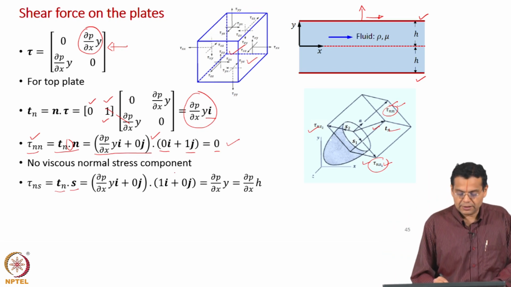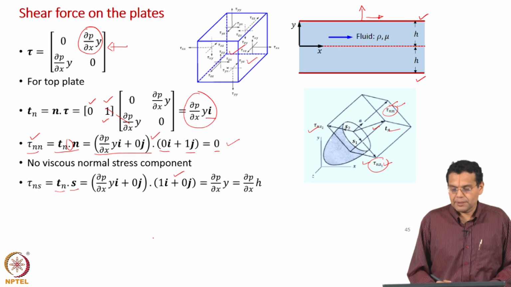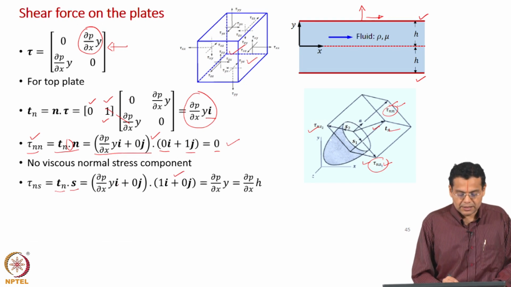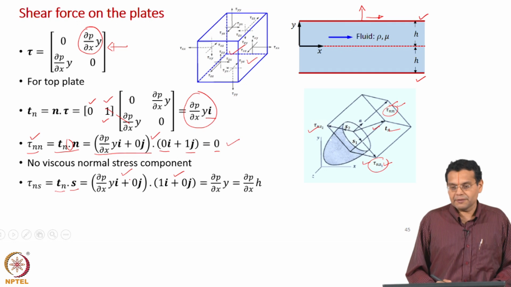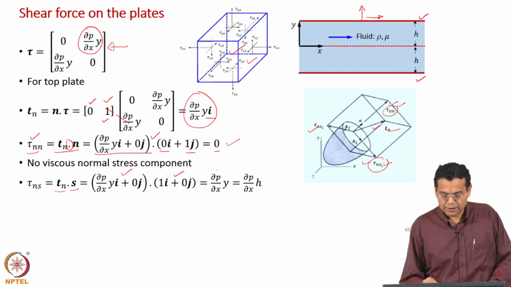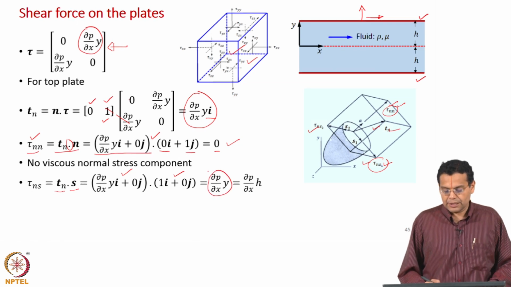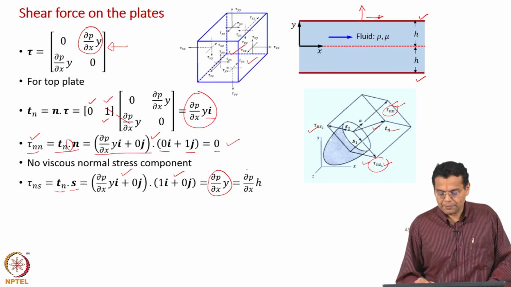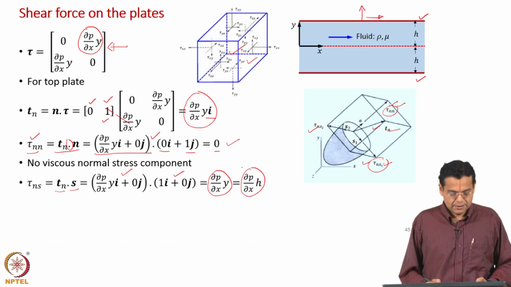So, it is denoted as 1i plus 0j, and the stress vector as in the previous step. And if you take the dot product of these two vectors, you get dou p by dou x into y, and we are evaluating at the top plate. So, dou p by dou x into h.